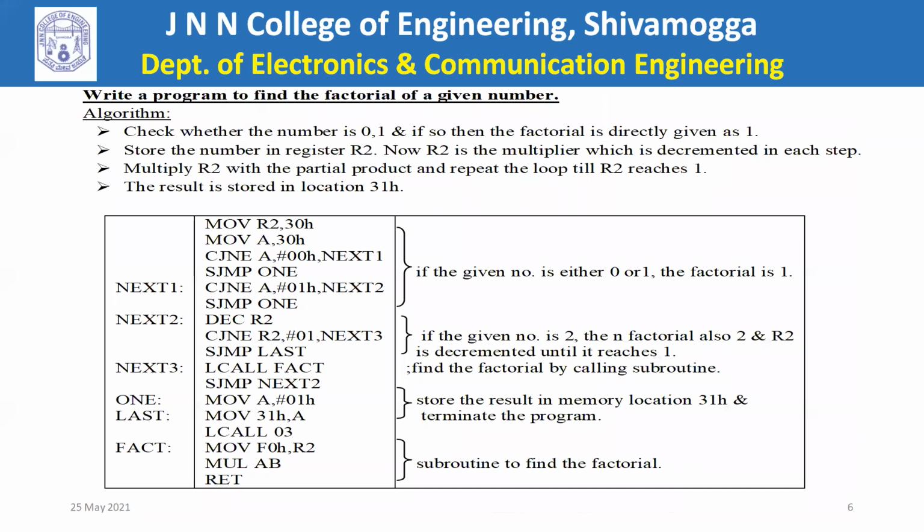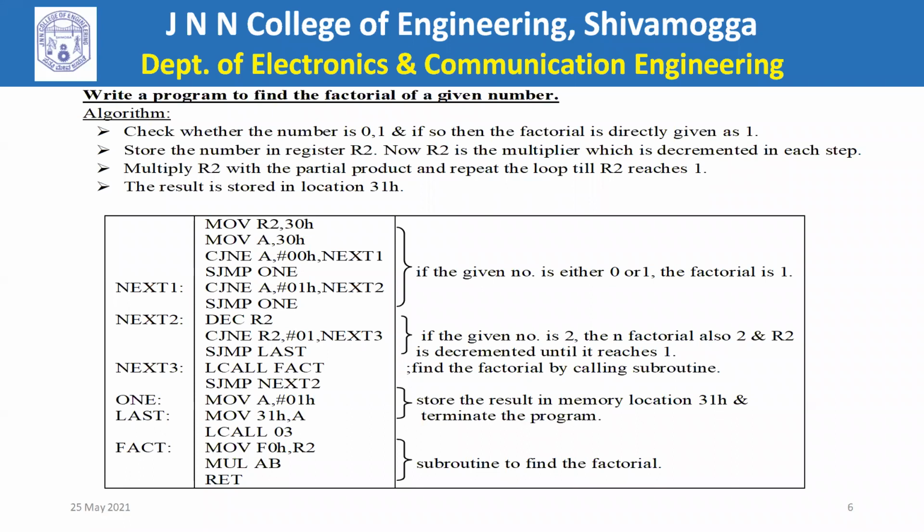So how do you do it? First you check whether it is 0. If it is 0, factorial is 1. That is why you are jumping to the location 1, where you are storing 1 as the factorial. If it is 1 factorial, once again you are jumping to 1 only. You are storing it as 1. If it is not 1, you decrement R2 and check whether R2 is 1.